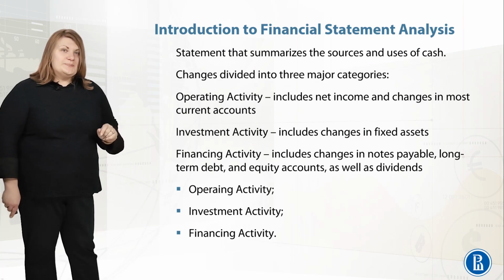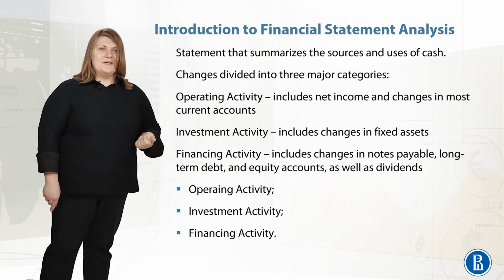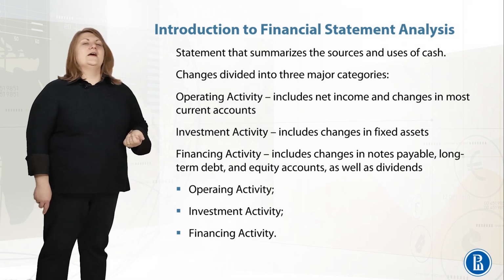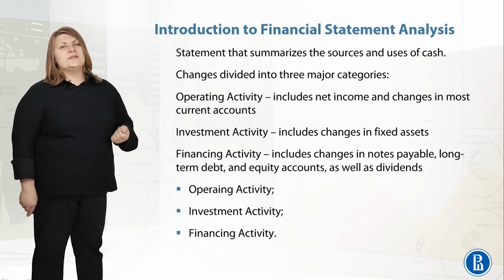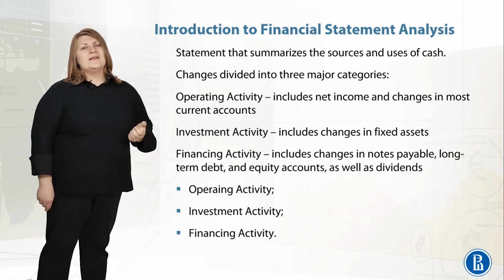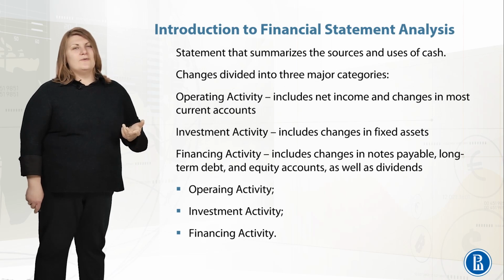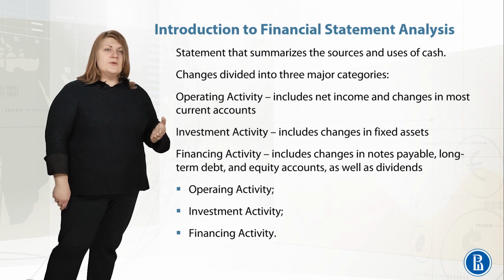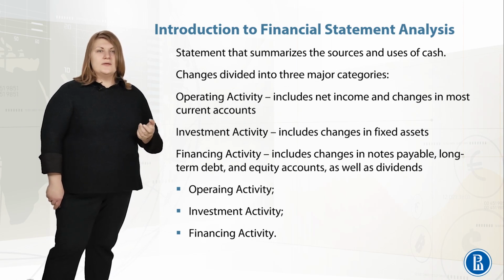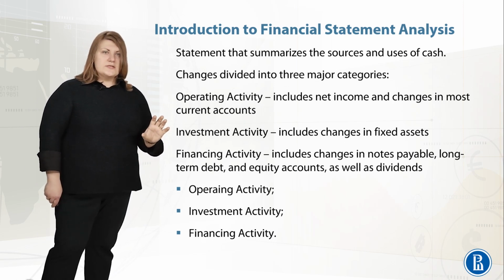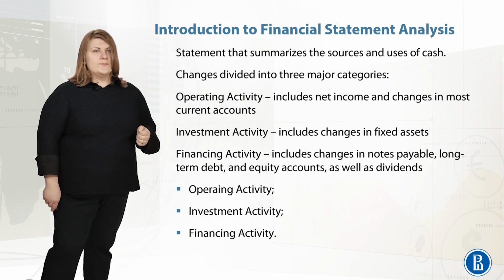Now, cash flow, another important financial statement. Cash flow is one of the most important pieces of information that a financial manager can derive from financial statements. And the cash flow statement summarizes sources and uses of cash.